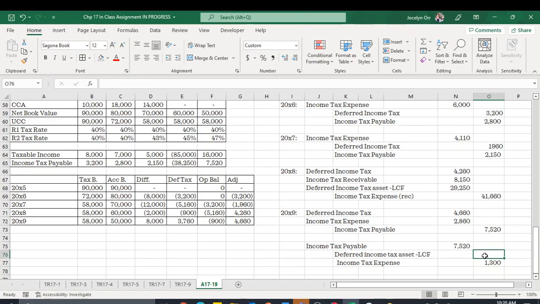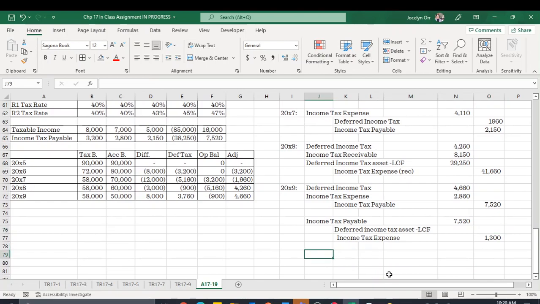let me do this in a separate cell. $65,000 minus 16,000 leaves me $49,000, times my tax rate, gives me $23,030. Okay?